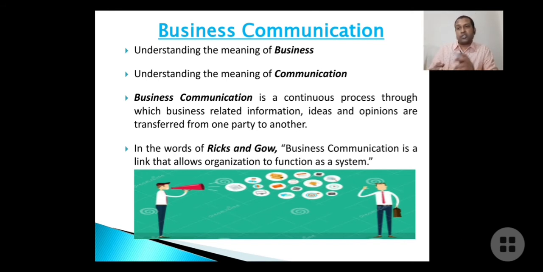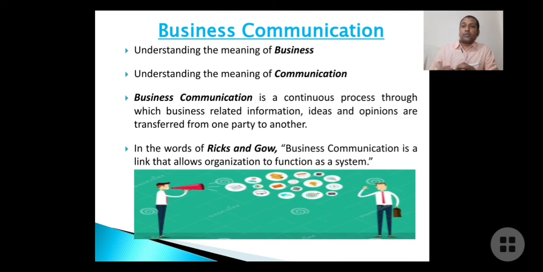That is business. Understanding the meaning of communication, we know there are two or more parties to pass the information from one to another, and there will be a feedback from the receiver to the sender. That is the communication, and the message must be meaningful.